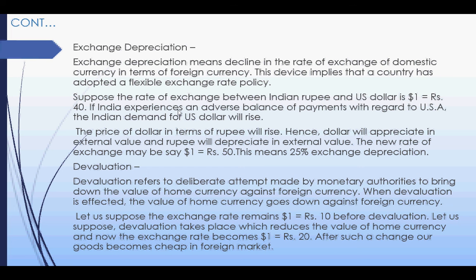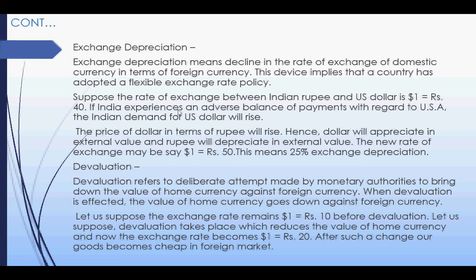The value of the dollar in front of the rupee will rise. Hence, the dollar will be appreciated, the dollar value will be increased, the external value of the dollar will be increased, the rupee value will be depreciated, the external value of the rupee will be reduced because of the exchange depreciation. The new rate of exchange might be 50 rupees per dollar.